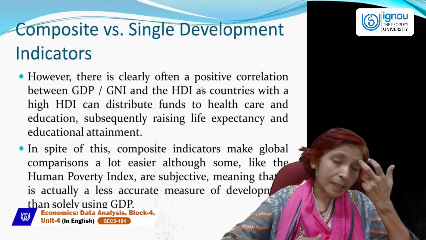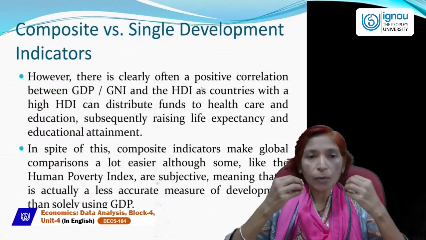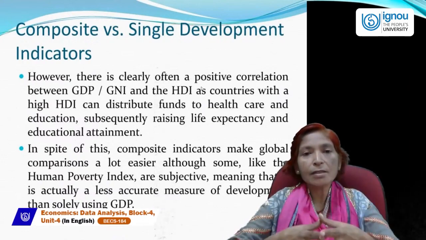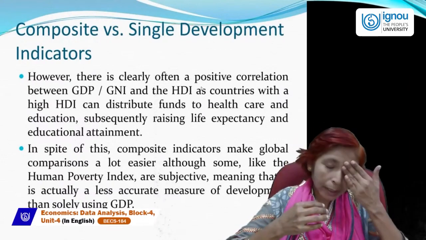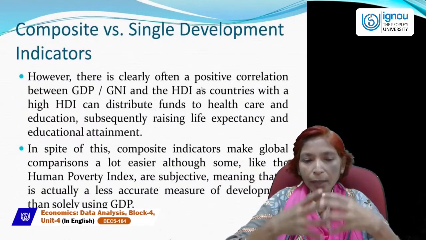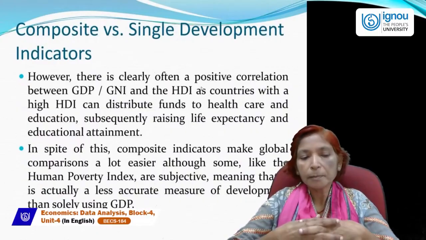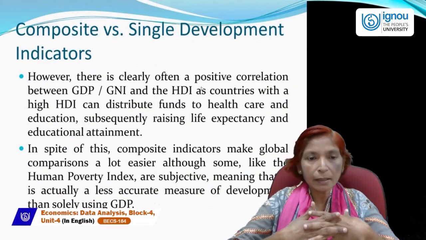Because if we are using a single development indicator, it gives accurate figures regarding development. But if we are using a composite index number, then it will not be such an accurate measure of development rather than solely using GDP or a single development indicator.